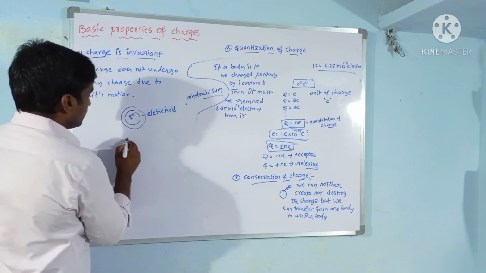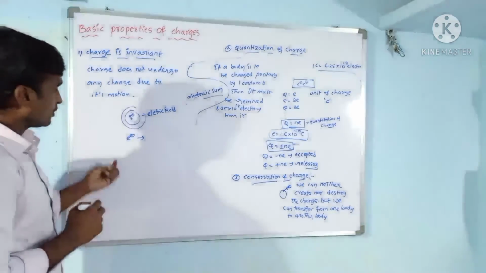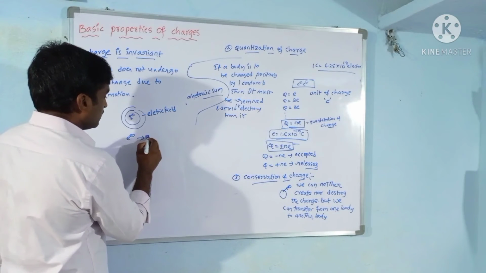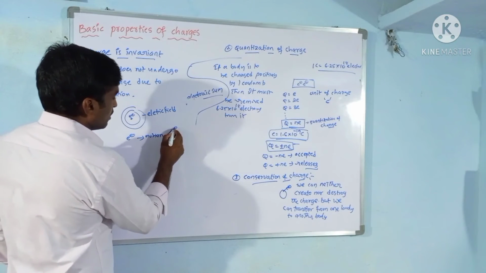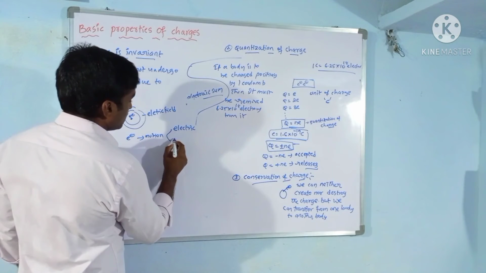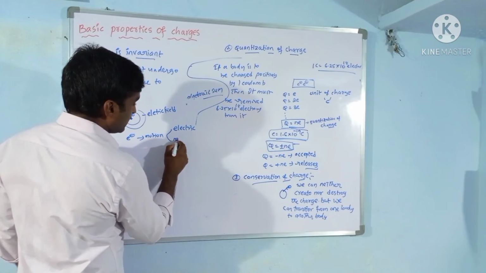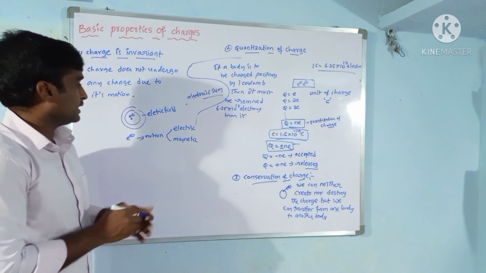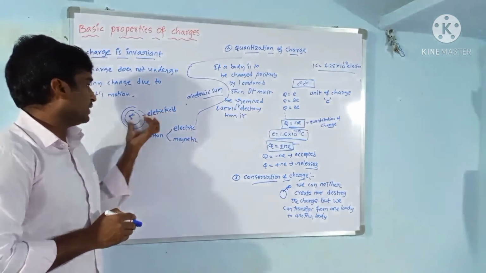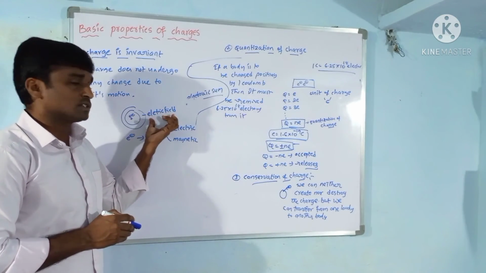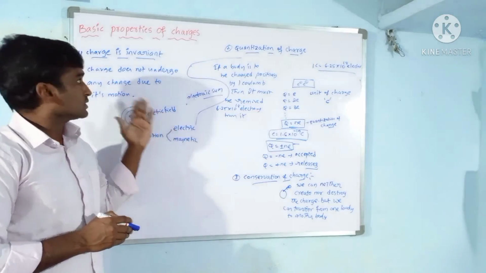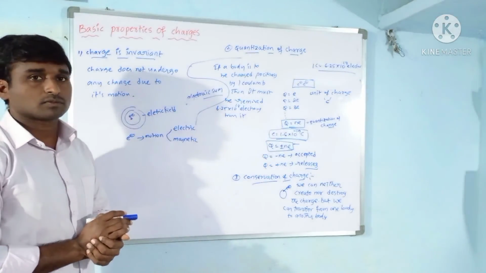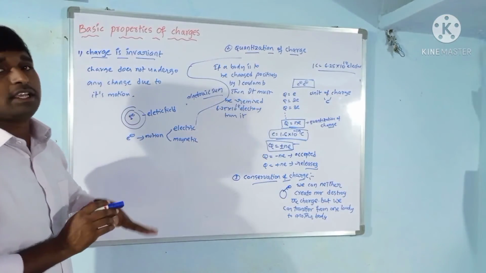When a charge is in motion, it creates an electric field as well as a magnetic field. So this charge does not undergo any change due to its motion. So charge is invariant.